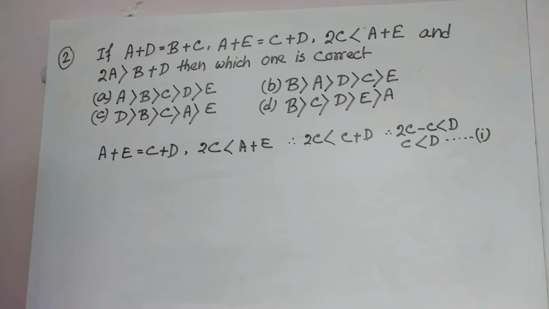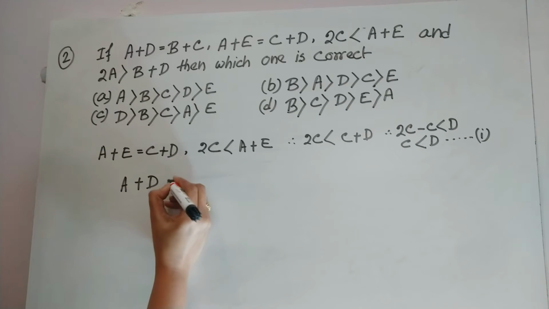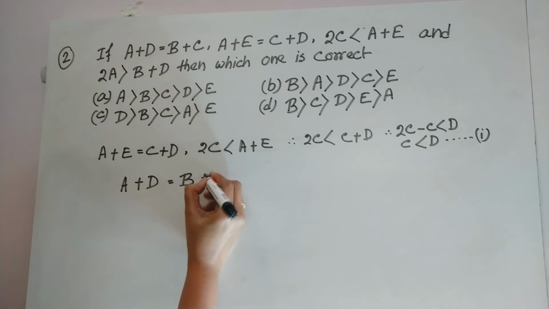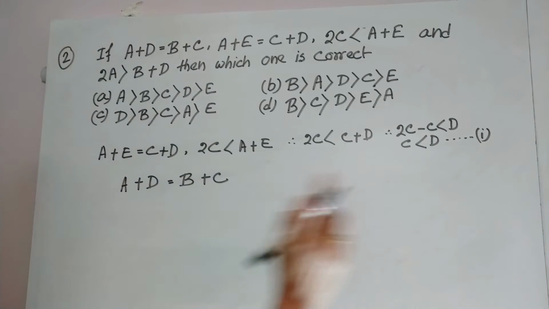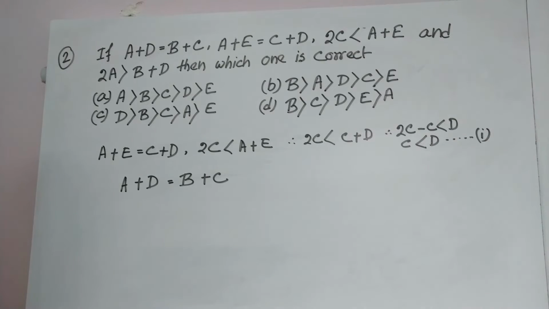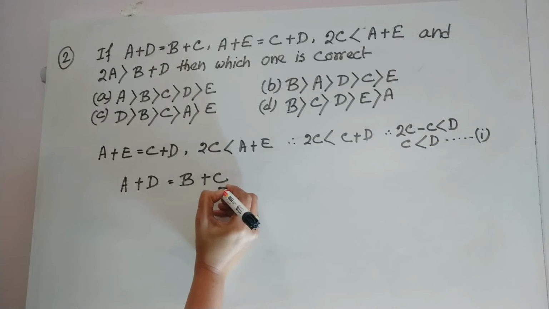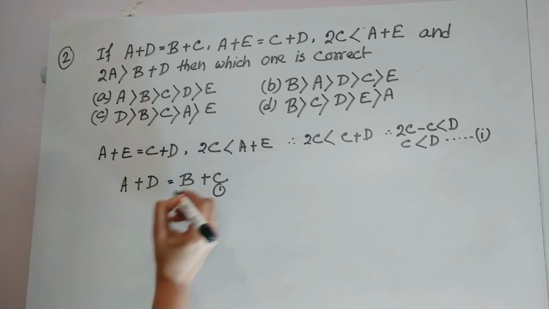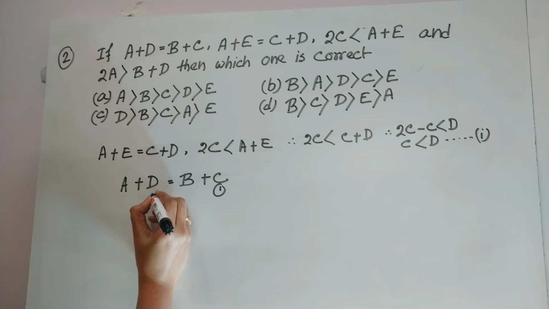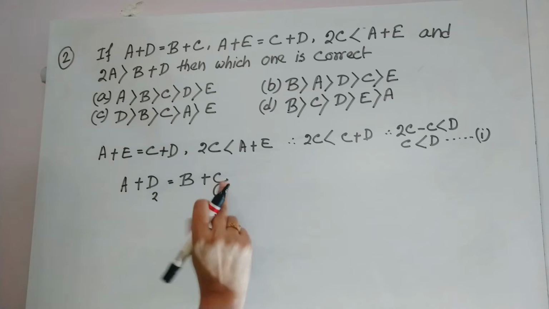a plus d is equal to b plus c. Now here with the equation we have got in 1, what can we conclude? c is less than d. Now suppose here c is 1 and d is 2 because d is greater than c.